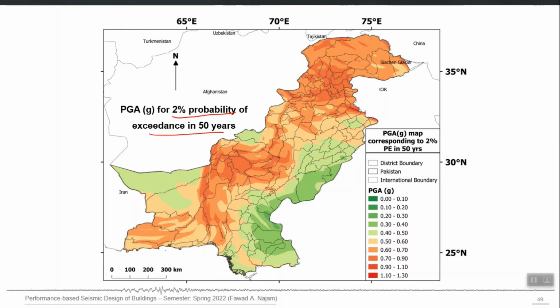For example, when I say that the 2007 PSHA of Pakistan gave us one picture of hazard, and now the 2021 PSHA gave us a slightly different picture, it doesn't mean that the hazard actually changed. The hazard is the same; our understanding of that hazard has changed.